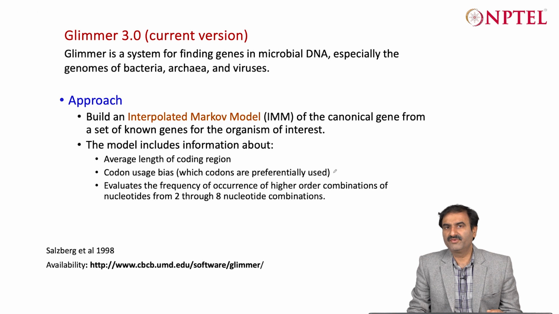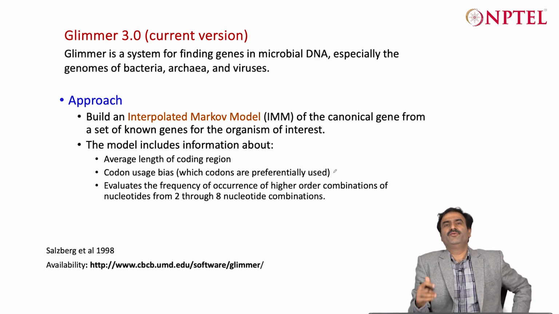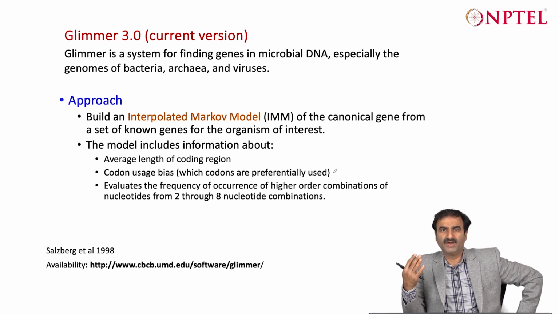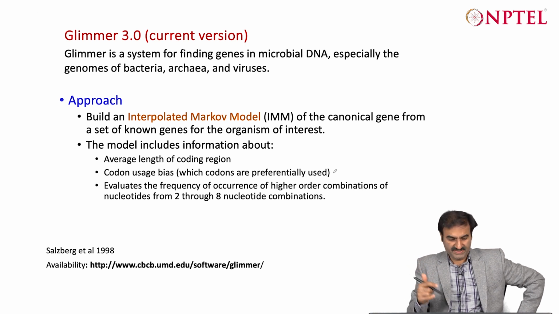It is based on interpolated Markov model, and also uses the RBS and promoter information to refine the genes. It also uses the codon bias or GC content of the genome, and uses an nth order Markov model for making the predictions.